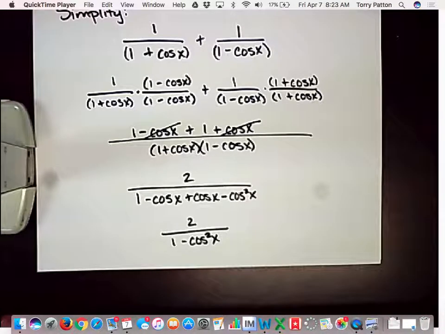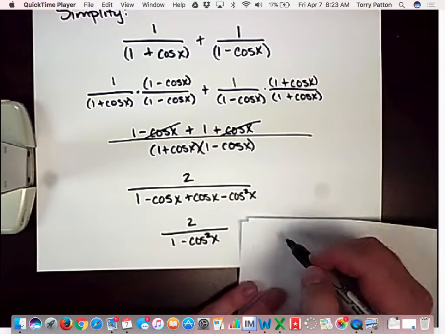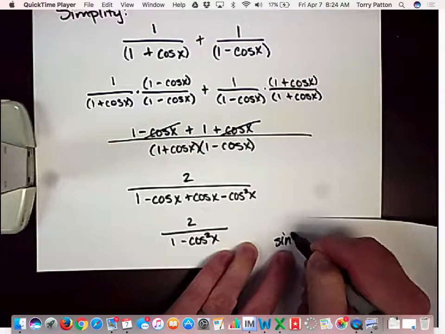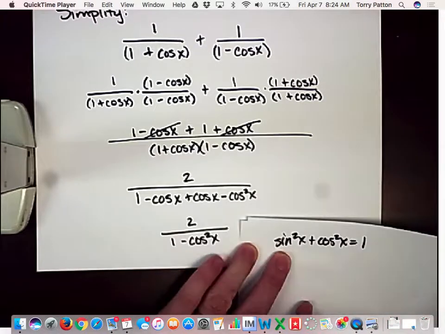Well, look at your three identities. Is there something that equals 1 minus cosine squared x? We know that sine squared x plus cosine squared x equals 1.